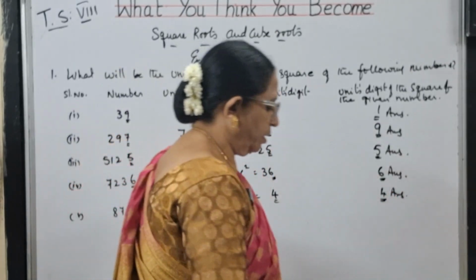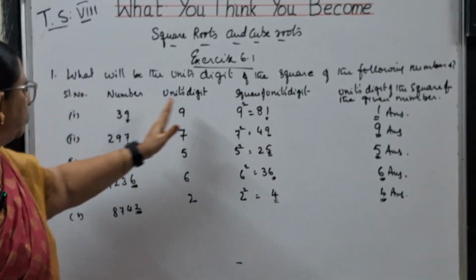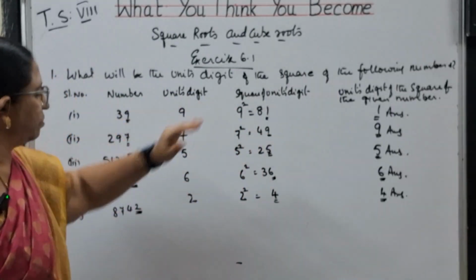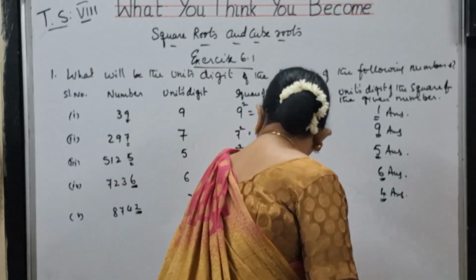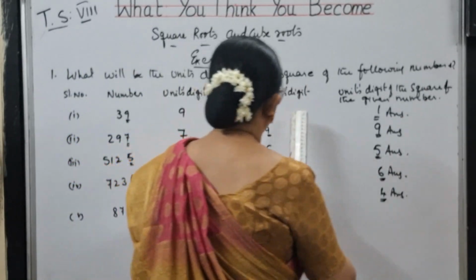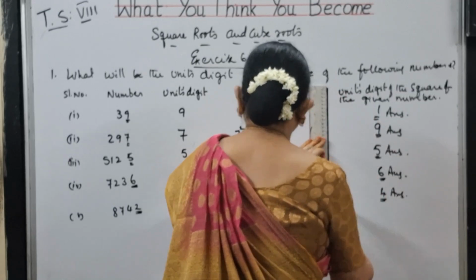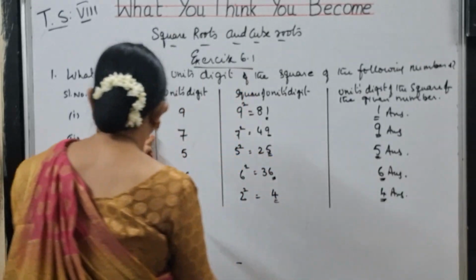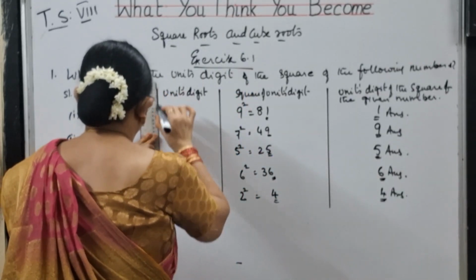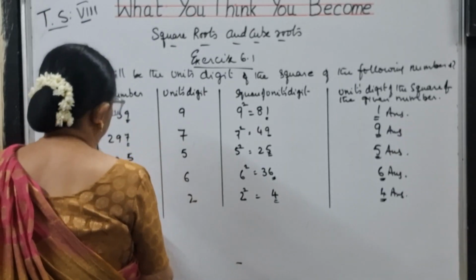Instead of doing separately this problem, children, I have done it in the form of a table. I think this will give you a clear-cut understanding. Let me divide them also. In this way, if I divide, you will understand more clearly. The whole problem, I made it in the form of a table.